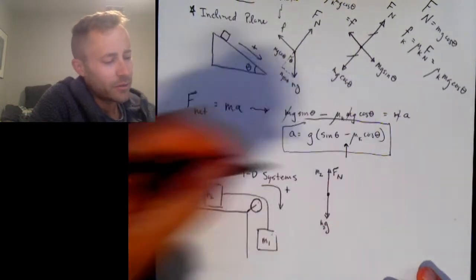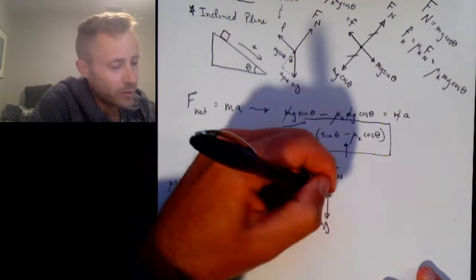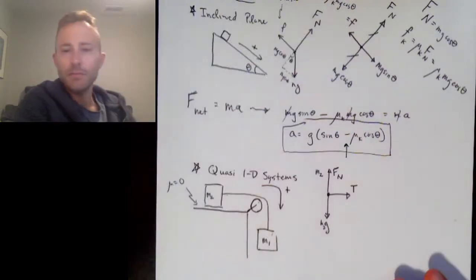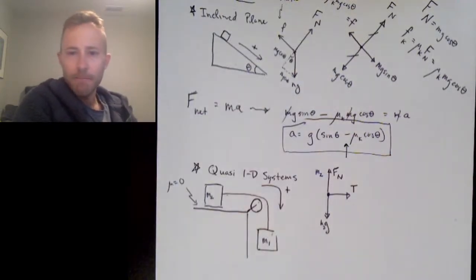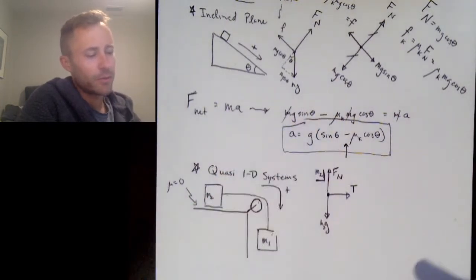And then it has the force from the rope, which is pulling it to the right. The force from a rope is called tension. So that is the free body diagram for m2.